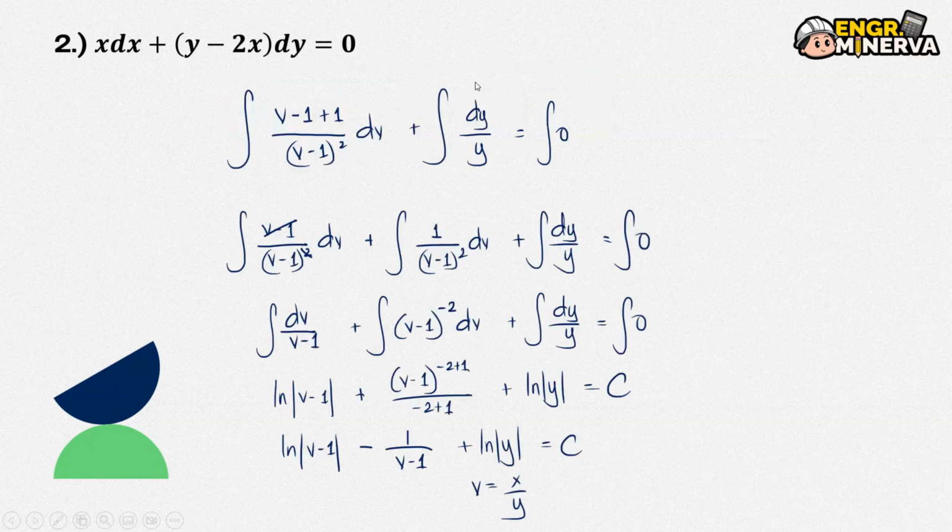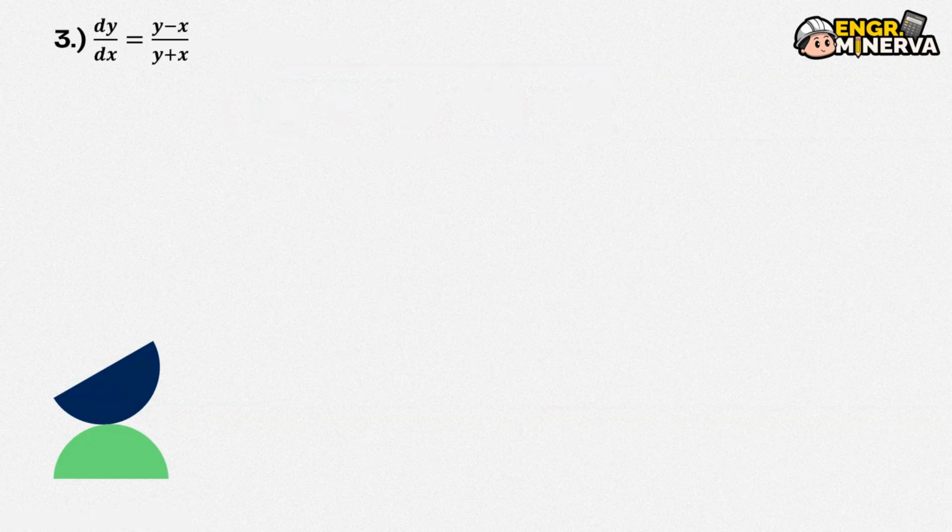Okay, next example. We have number 3. That would be dy, derivative of y with respect to x, equals y minus x over y plus x. So let's have this one. First, we cross multiply.